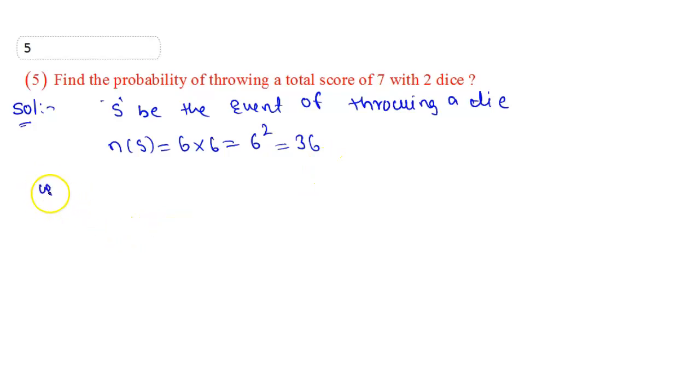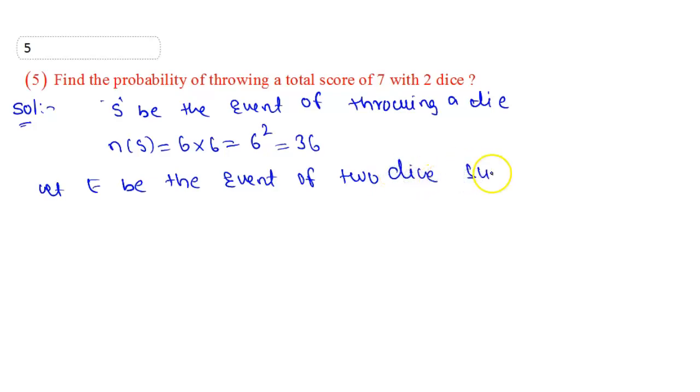So here I am writing the probabilities. Let E be the event of 2 dice whose sum of total score is 7.